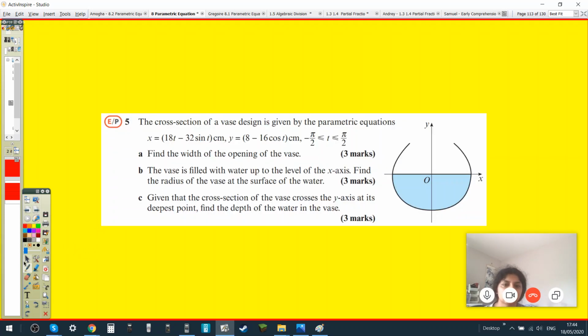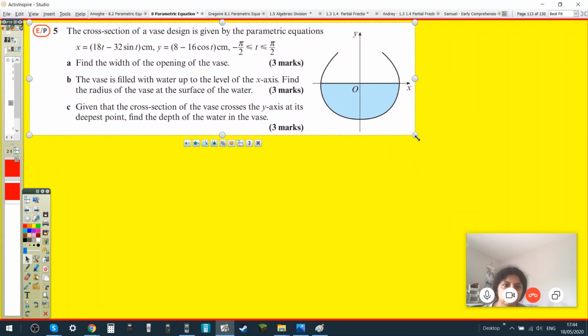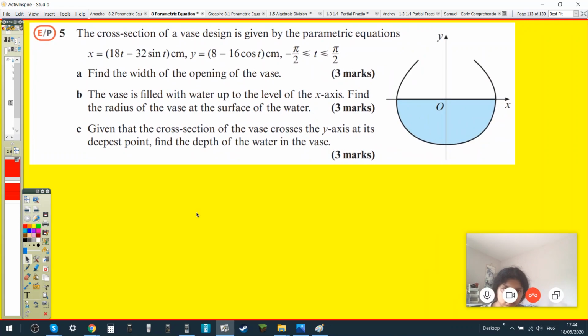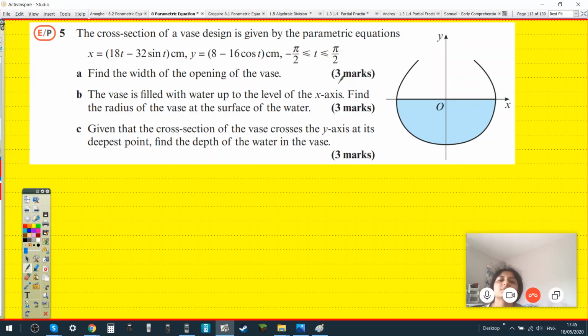Okay, exam question. Let's try this. I have no clue how to do it. I think it will be this x coordinate. Yeah, something like that.